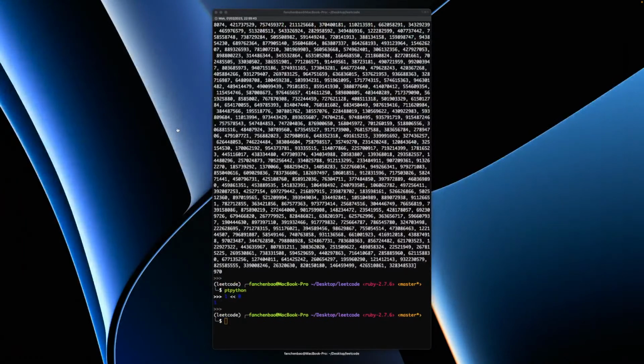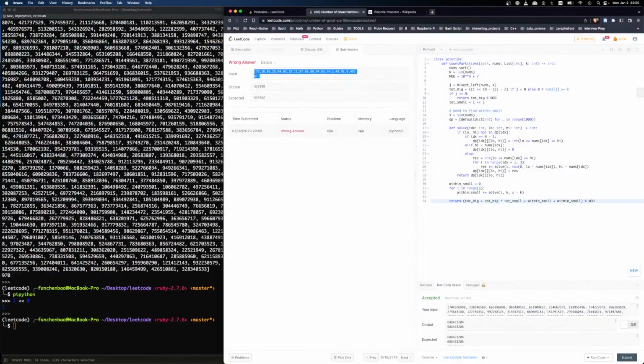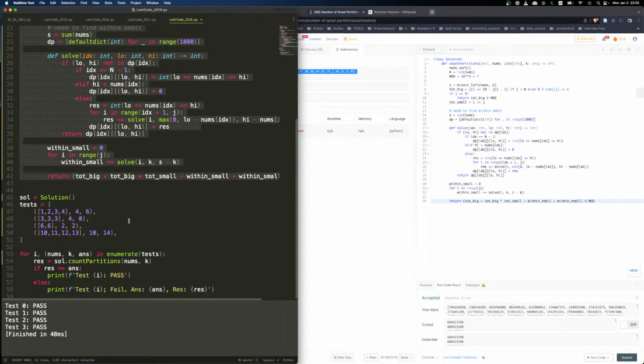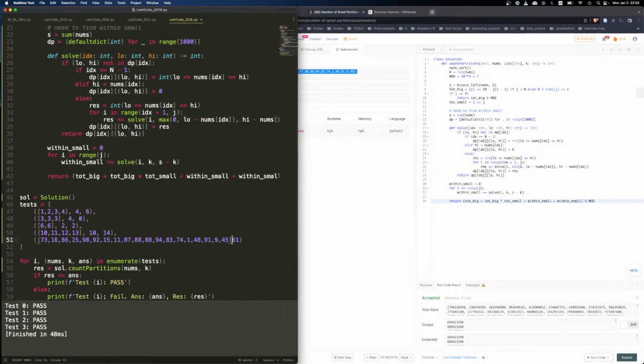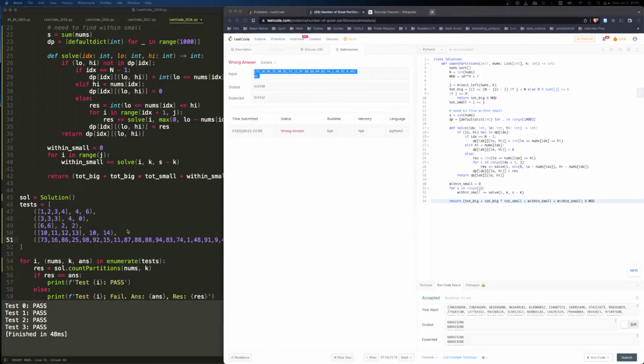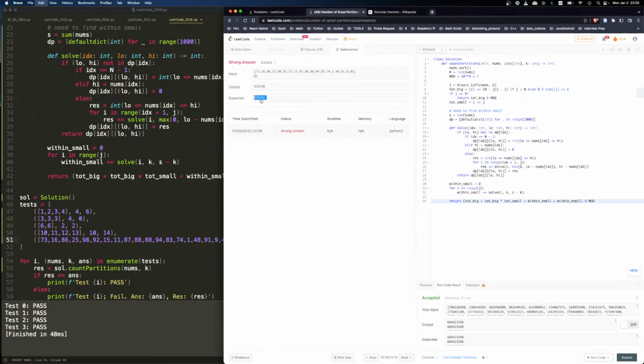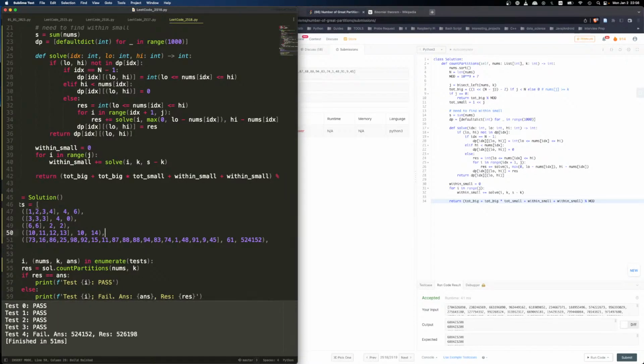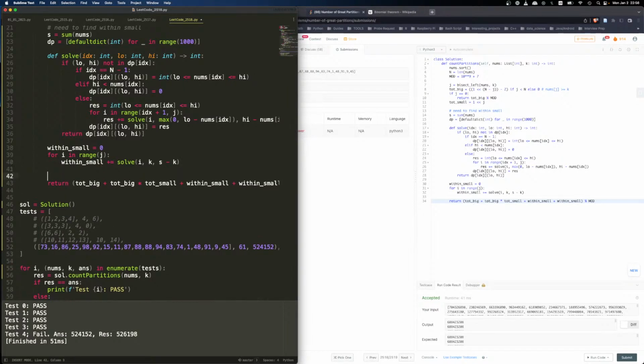Interesting. Okay, so yeah, definitely we'll save this for tomorrow. But we got the breakthrough, right? We got the breakthrough. Interesting. We got too much.